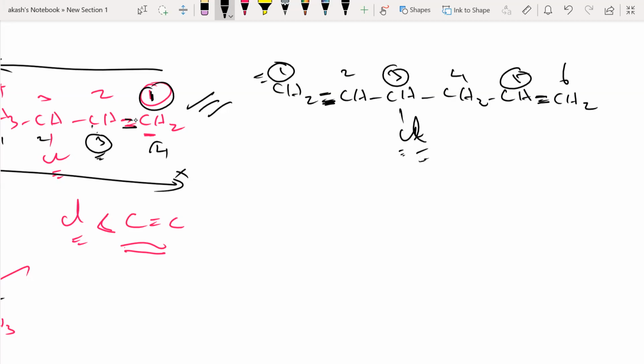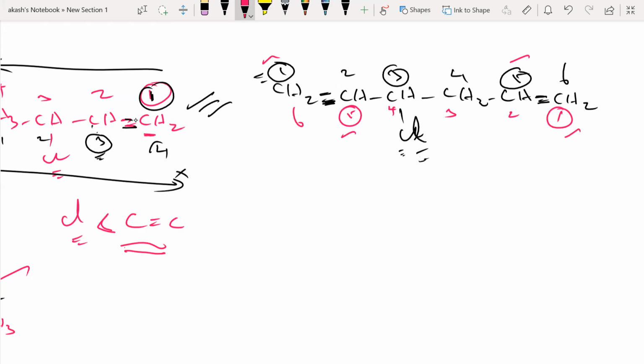Next, let us look at the other side. 1, 2, 3, 4, 5, 6. Now I will check what numbers we are getting for the double bonds. 1, double bond you're getting, and again at 5, we are getting a double bond. Last time also 1, 5 double bond was there. This time also 1, 5 double bond was there.